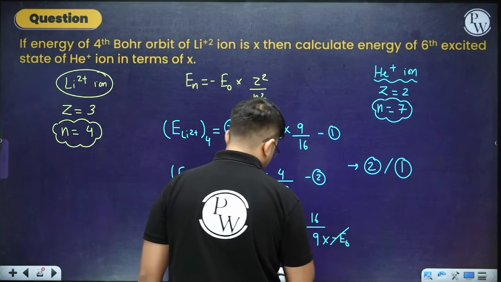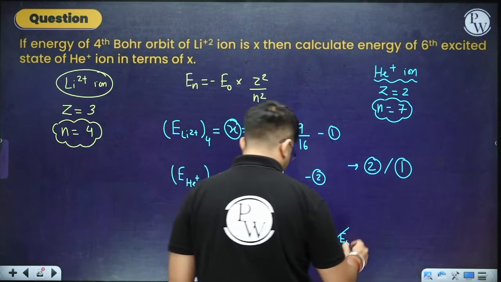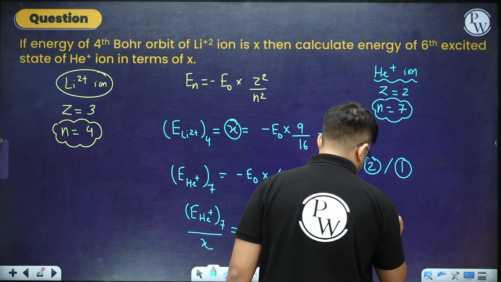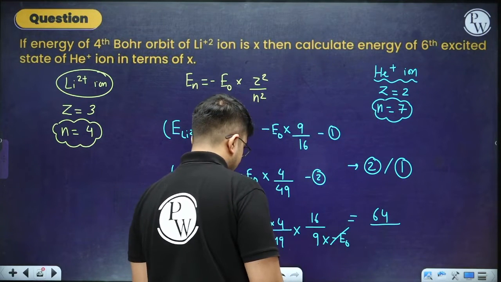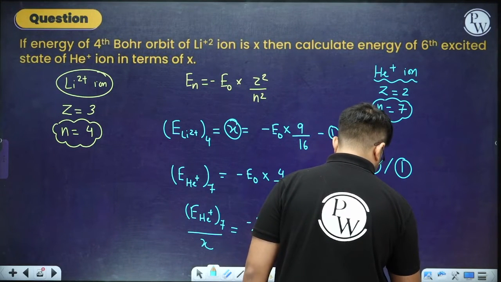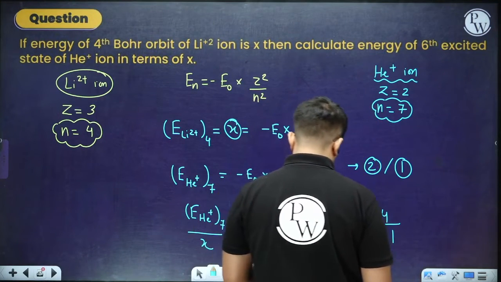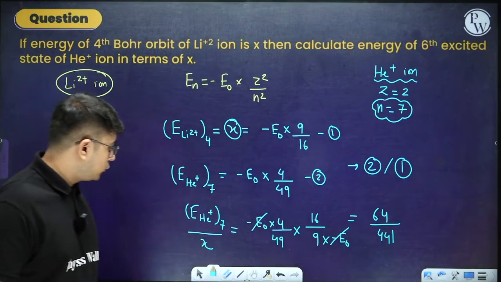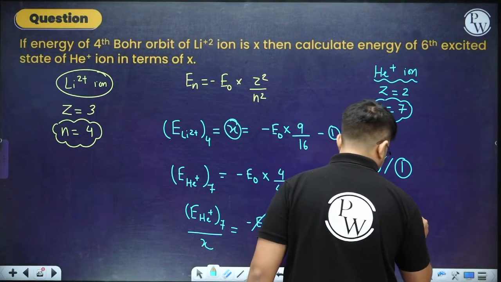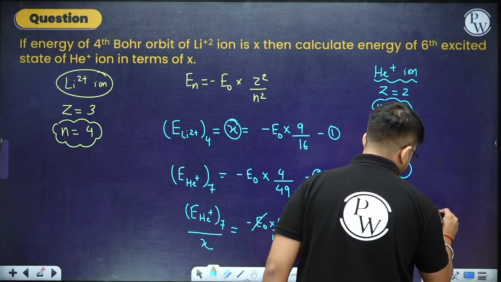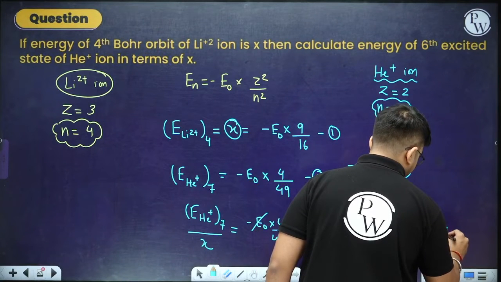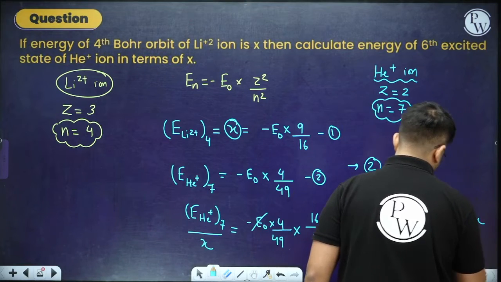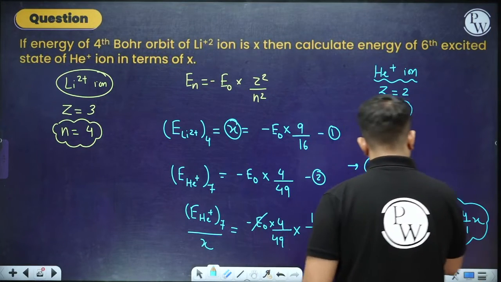Okay, this minus E naught cancels out. What do we have? We have 64 divided by 9 nines, 81, 441. That value will be 64 by 441. So from that particular part, we can say that the energy of He positive ion in the seventh orbit will be equal to 64 by 441 X. Okay, this is the only part you have to consider.